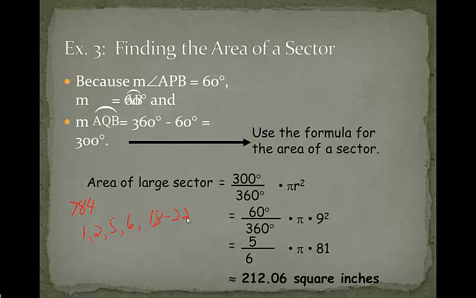The example problems give a pretty clear image of how to do this, but remember that to find the sector, it's A equals x, which x is going to be the degree of the arc, over 360 times pi times the radius squared. Okay, so remember that to find sectors.